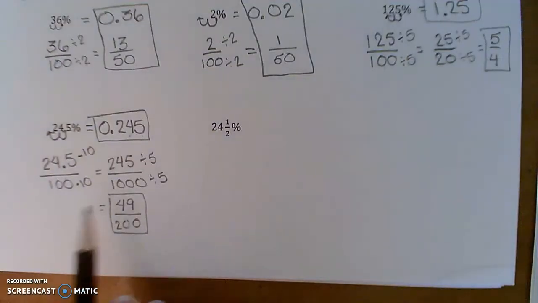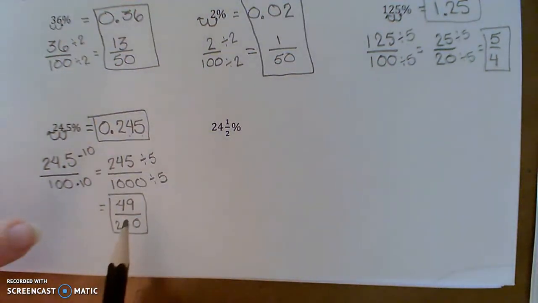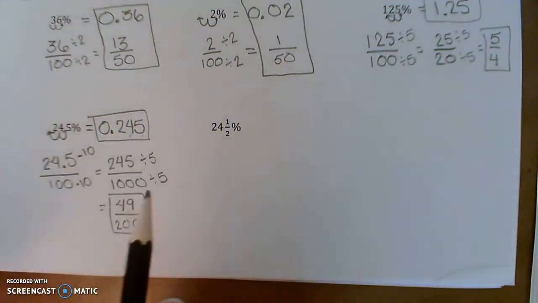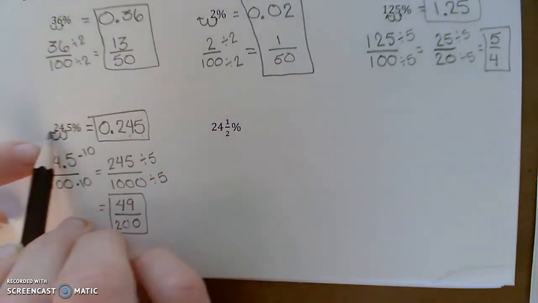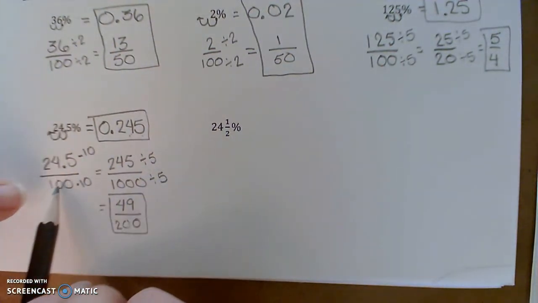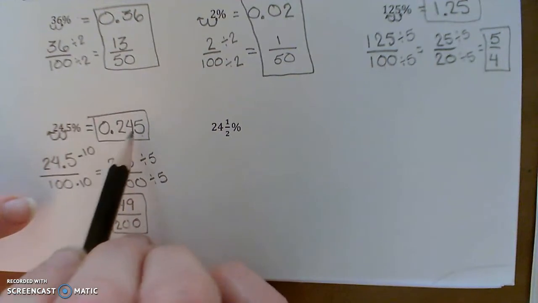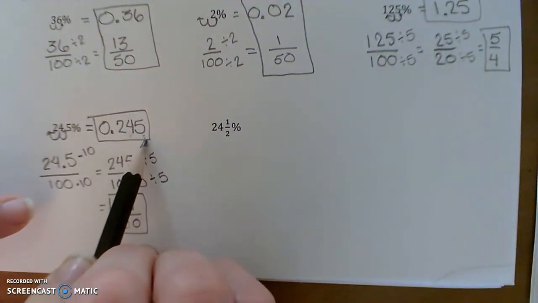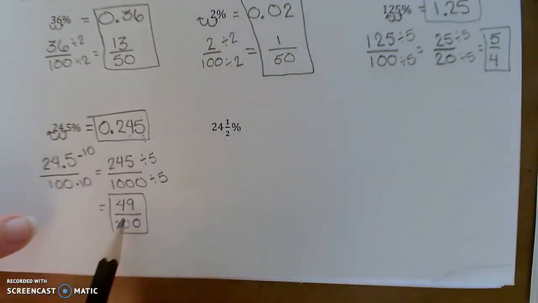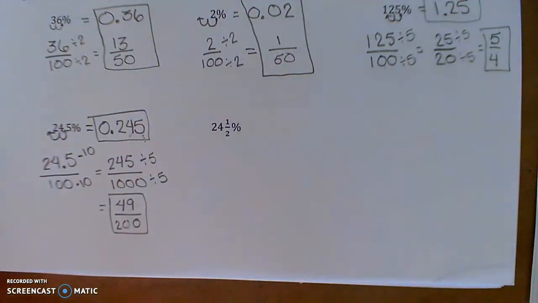So all right, remember that you can always check your answer by plugging these things into the calculator, right? You would do 24.5 over 100, divide by 100 to get this decimal. And you can always convert that to a fraction, and it should be 49 over 200.